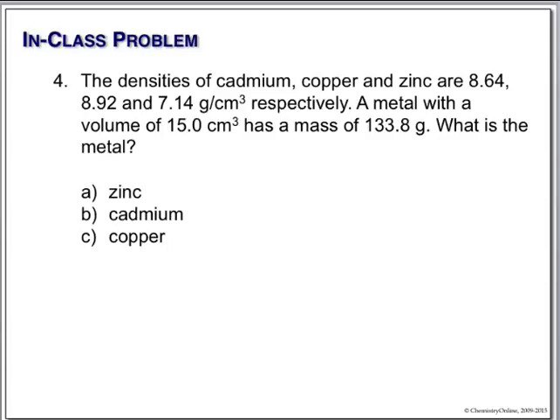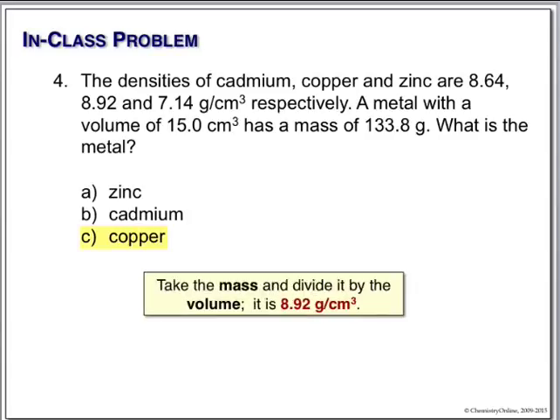We have a metal. We have a volume and a mass. What is the metal? Clearly, what we want to do here is calculate the density, right? And just compare it with unknown values. If we divide our mass by our volume, we get 8.92, which matches copper.